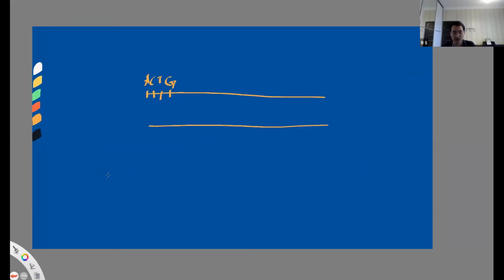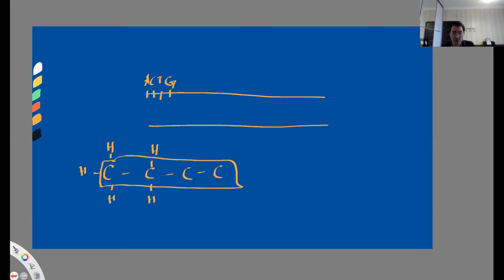So whenever you see something like this, and you assume that here we have, for example, hydrogens, and here too. If you write just these 4 carbons, it will be a simple representation of the primary structure.